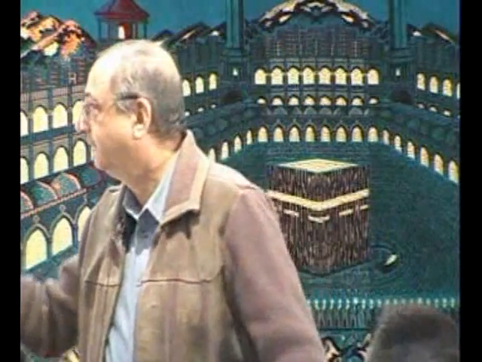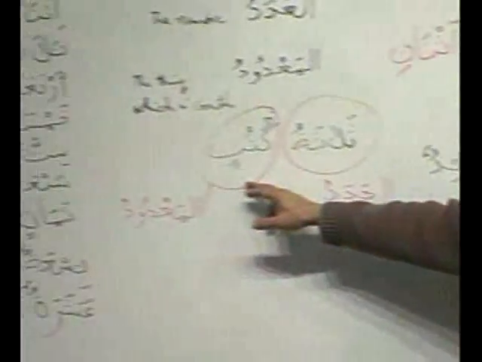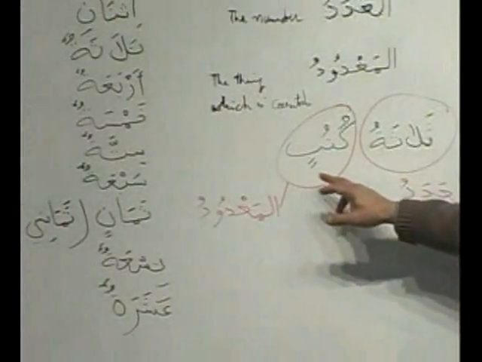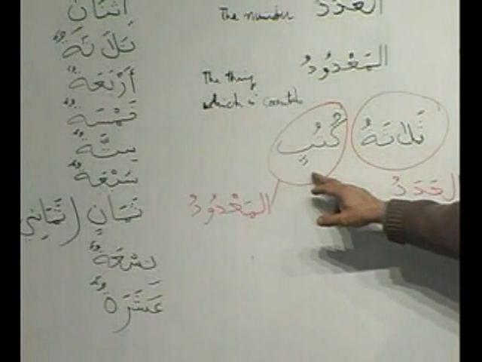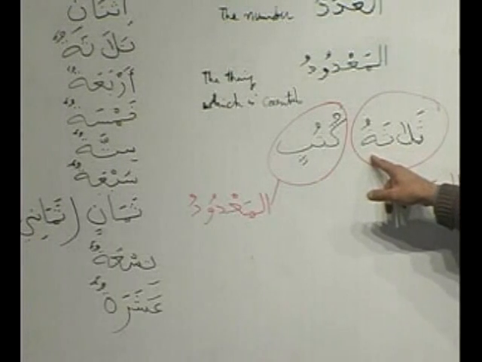Sahi? And adad, what do you see in adad? Do you see here kutubin? Everything in Arabic is either masculine or feminine. What is it, brother? Masculine. Kitabun is masculine. What is this I see, ta marbuta there?